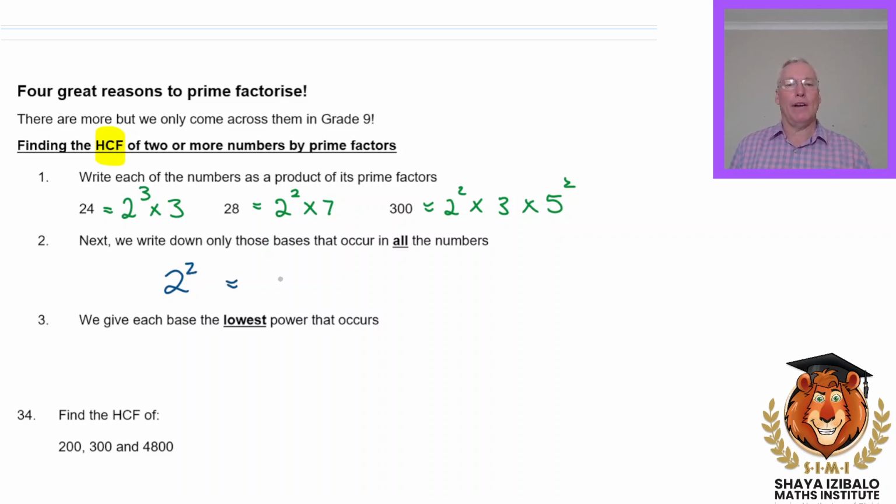And that is our highest common factor. We've done this in one line. What we do is we write down all the bases, and then we give each base the lowest power that occurs. So here we've got a power of 3, a power of 2, and a power of 2. So we go with the power of 2.